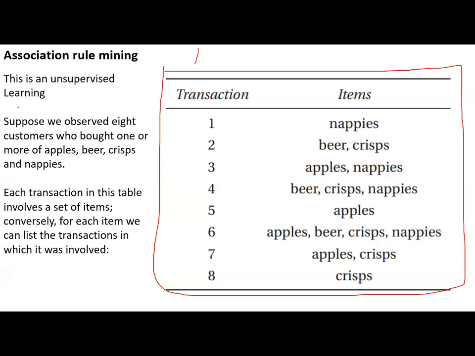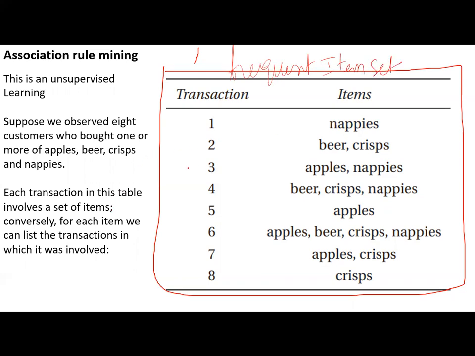And then, suppose we observe 8 customers who bought one or more of apples, beer, crisps, and nappies, for example. Let us take this as an example. Now, frequent item sets.